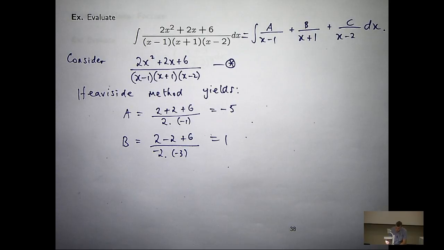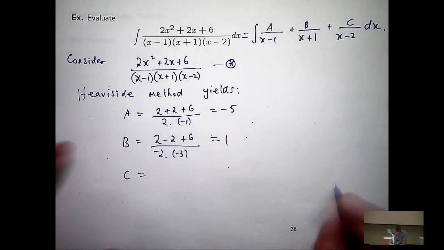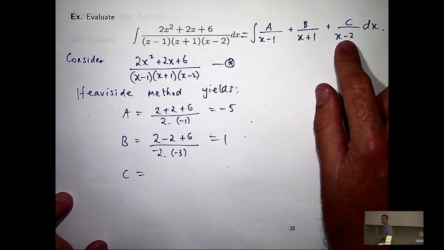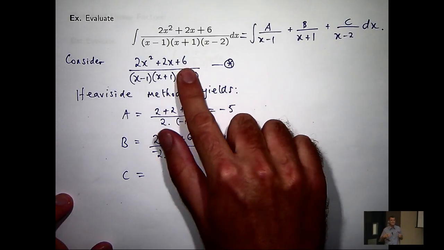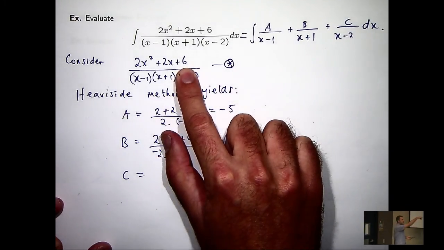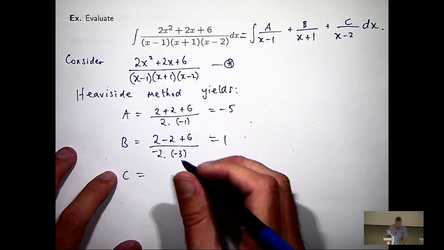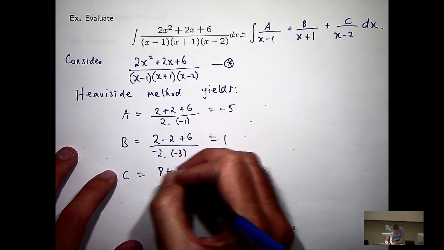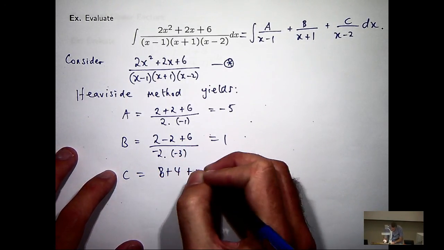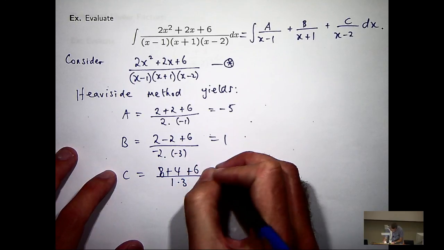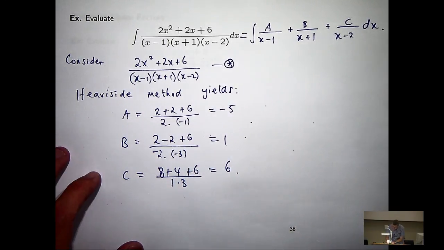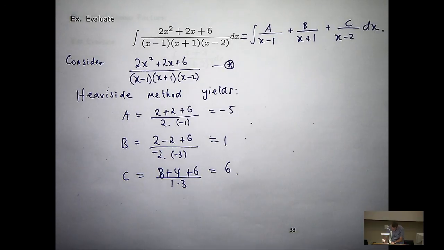And finally, for C, it lies above x minus 2. So I cover that up and plug in x equals positive 2. I'm going to get something like this. Pretty easy. So now I just take those values and do my integration.